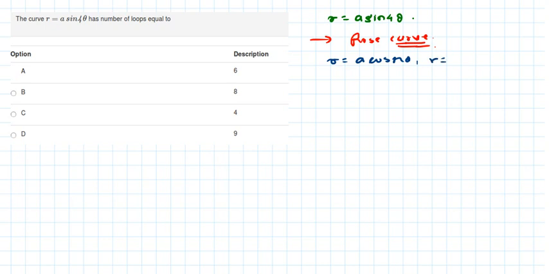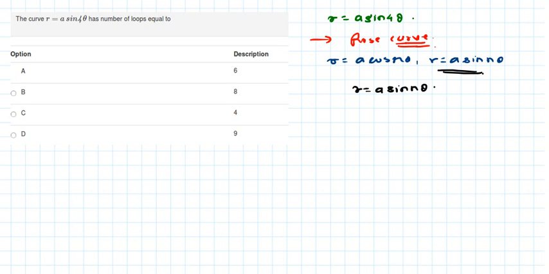Now next question, the curve r equal to a sine 4 theta has the number of loops. Obviously it is a rose curve. Rose curves are of two types, r equal to a cos n theta and r equal to a sine n theta. The given curve is of the second type, r equal to a sine n theta.